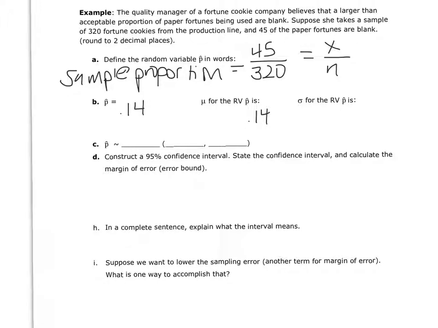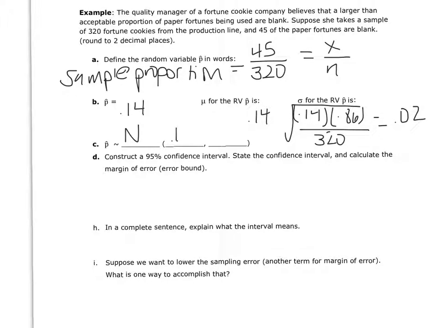For the standard deviation, we take that 0.14, multiply it by 1 minus 0.14, so 0.86, divide by the sample size of 320, and that gives us a standard deviation of 0.02. P hat is normally distributed, mean 0.14, standard deviation 0.02.